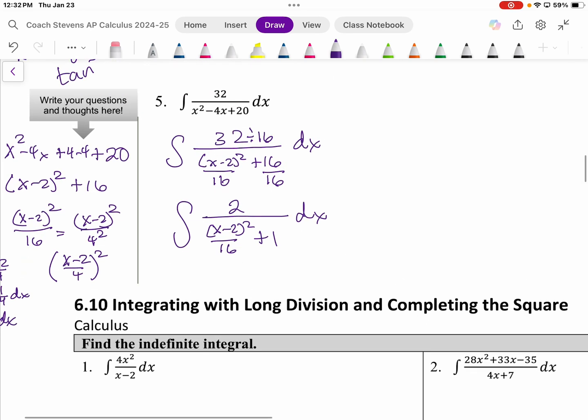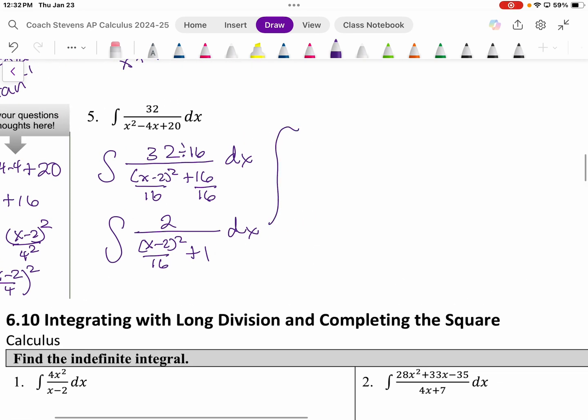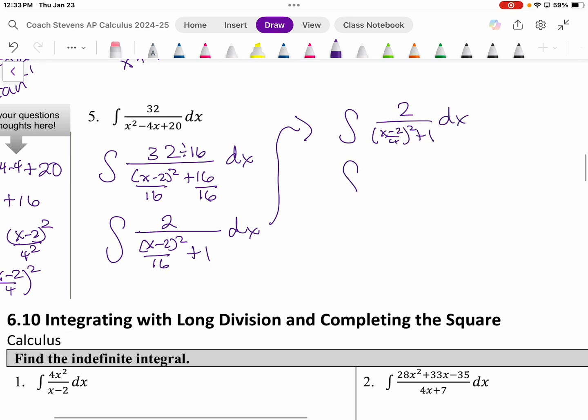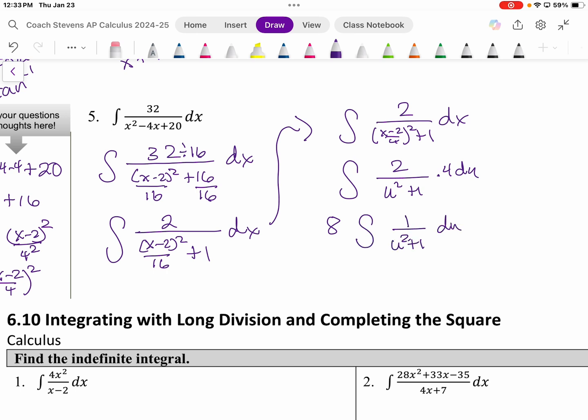So let me take this back up here. It's the integral of 2 over, and we said this was x minus 2 over 4 squared plus 1, and then dx. Then I start my substitution: 2 over u squared plus 1, times 4 du. So I'm going to do 2 times 4 is 8 and pull it out front: 8 times the integral of 1 over u squared plus 1 du.